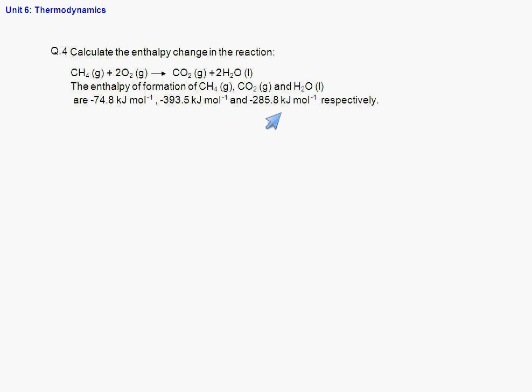Okay, so the reaction is already given and you already know the formula. So delta rH naught is equal to summation of standard enthalpy of formation of the products minus summation of standard enthalpy of formation of the reactants.